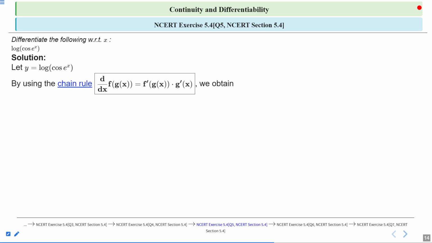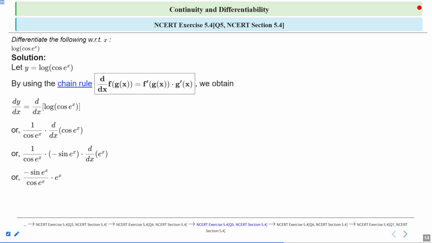By using the chain rule, d upon dx of f of gx is equal to f dash gx into g dash x, we obtain dy upon dx equal to d upon dx of log cos e to the power x, or 1 upon cos e to the power x into d upon dx of cos e to the power x, or 1 upon cos e to the power x into minus sin e to the power x into d upon dx of e to the power x, or minus sin e to the power x upon cos e to the power x into e to the power x. Clear?